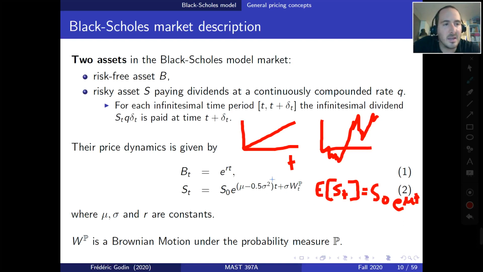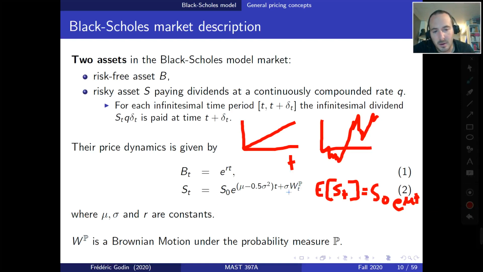So this is an intuitive model in the sense that stock prices have a long-term trend. This long-term trend, we said this term here is linear, but because of the exponential, the overall trend of the stock will be exponential like this, which is what happens in practice. But then you have an offsetting term here, which creates some random fluctuations and allows the stock values to depart from its trend.